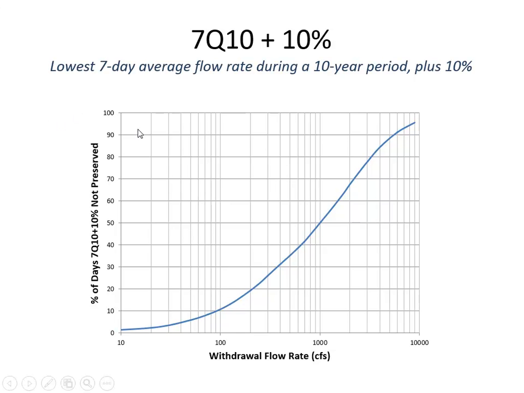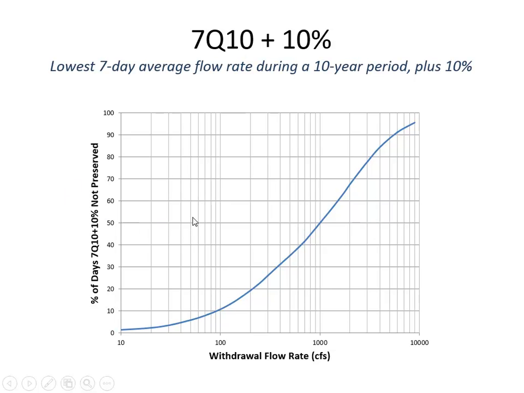And what I told them was, for example, if you are comfortable with not having enough water 90% of the time, then you can take out, looks like approximately 6,000 CFS. And so 10% of the time, 6,000 CFS is there. And you can still preserve the 7Q10 if they were extracting 6,000 CFS.